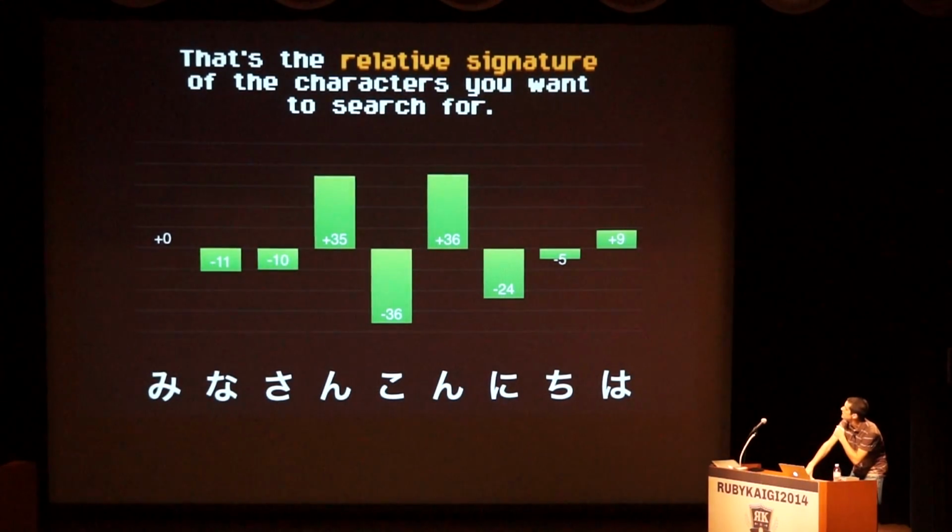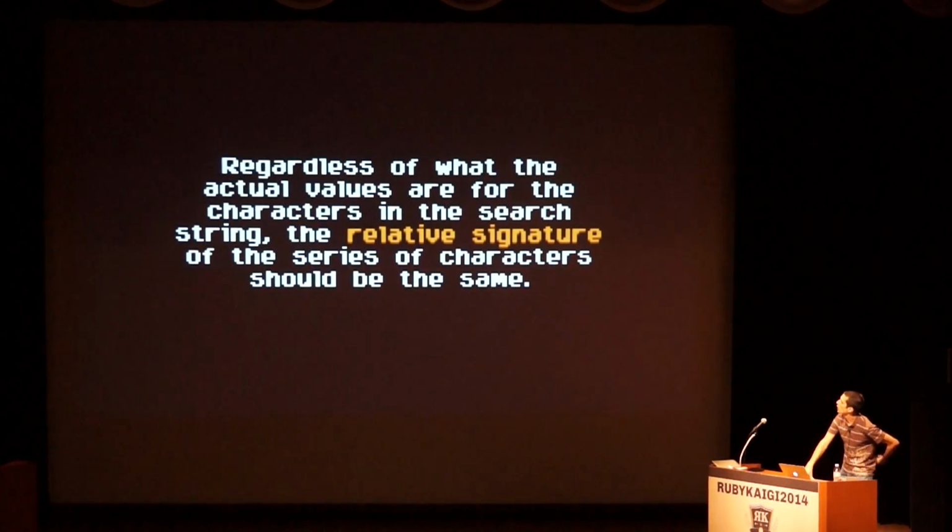And that is the relative signature of the characters that you want to search for. So regardless of what the actual values are for those characters in the character set, the relative signature of that series of characters is going to be the same no matter what. And that's what a relative search is for.